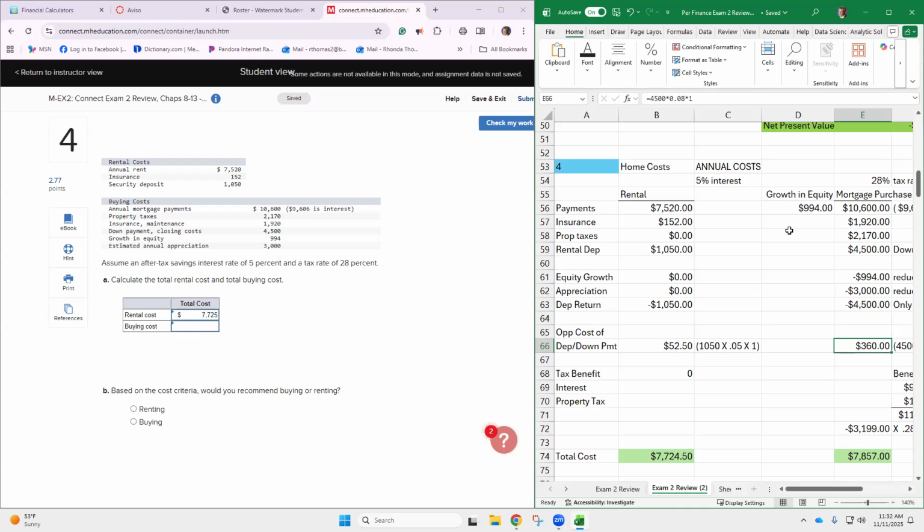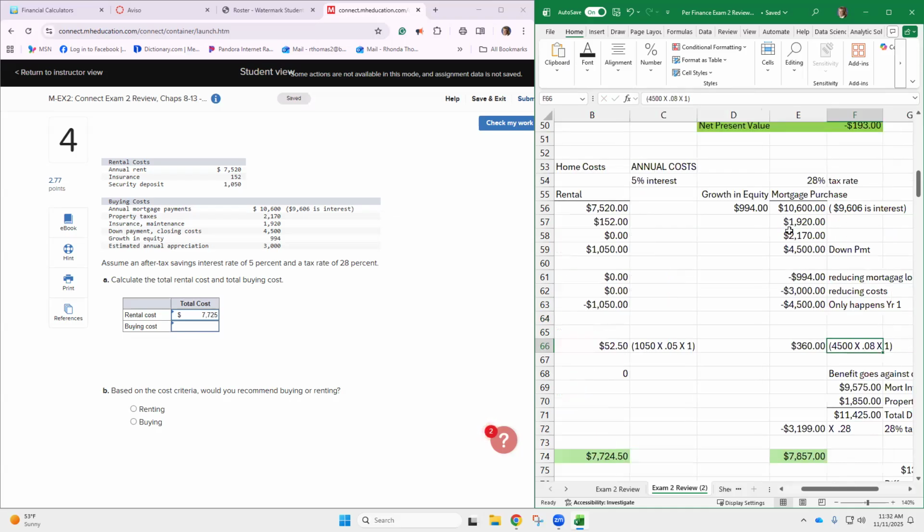But I did account for it, and that's why I put it in there and then took it out. Then this last one is the opportunity cost of that down payment. My down payment was 4,500 and my interest rate is 5%. So the opportunity cost of taking my $4,500 out of savings and using it for my down payment is the next to the last cost for purchasing.